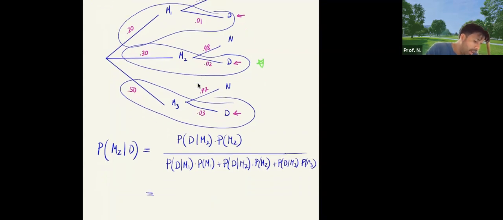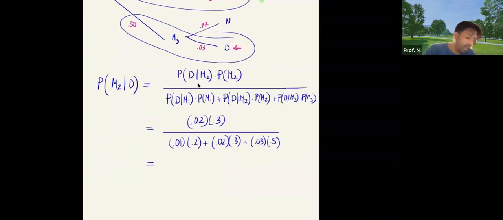That means multiply 0.02 by 0.30, over 0.01 times 0.20 plus 0.02 times 0.30 plus 0.03 times 0.50.